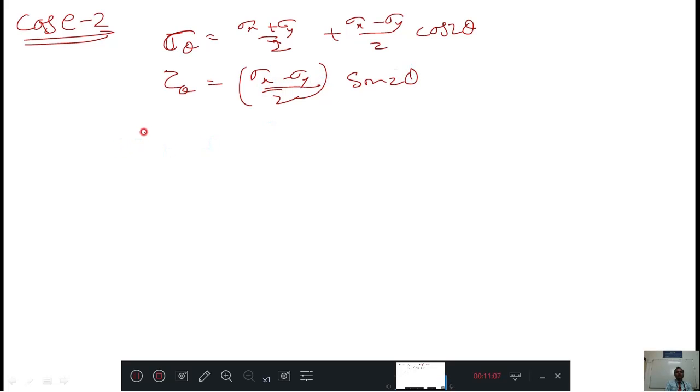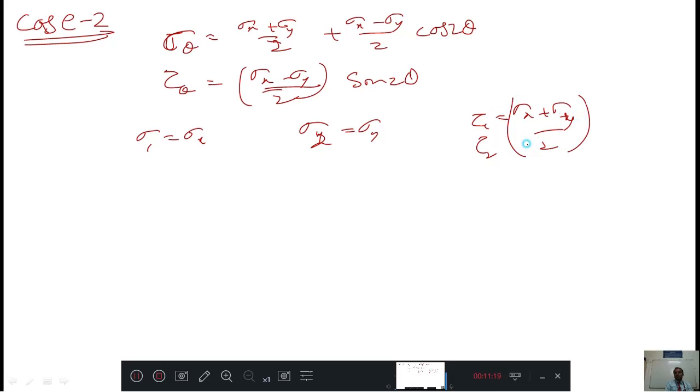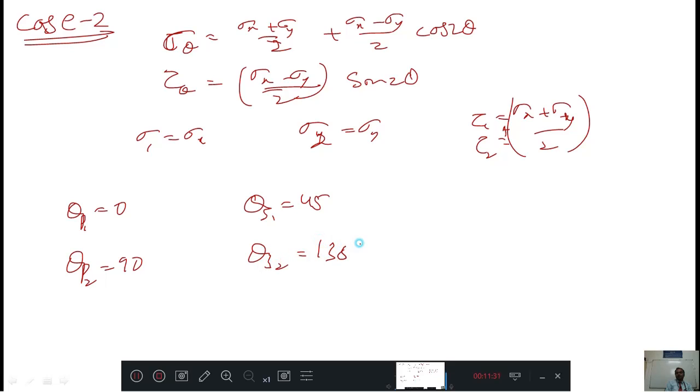Then sigma 1 will be sigma x, sigma 2 will be sigma y. Then tau 1 and tau 2 will be sigma x plus sigma y by 2, subject to plus or minus. Then theta p1 is 0 again, theta p2 is 90 degree, theta s1 will be 45 degree, theta s2 will be 135 degree, as it is.